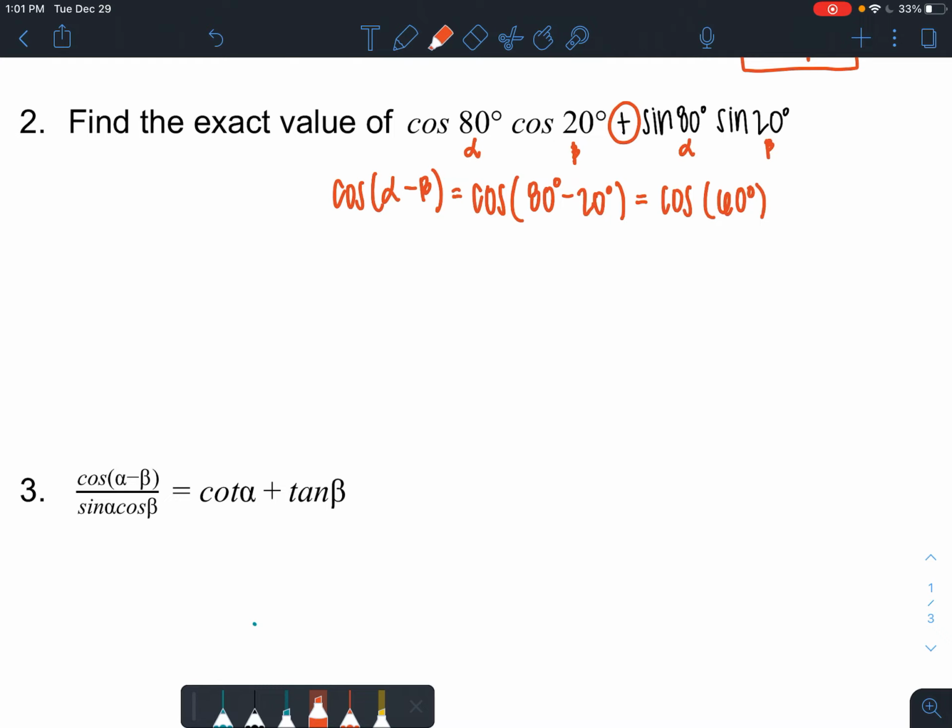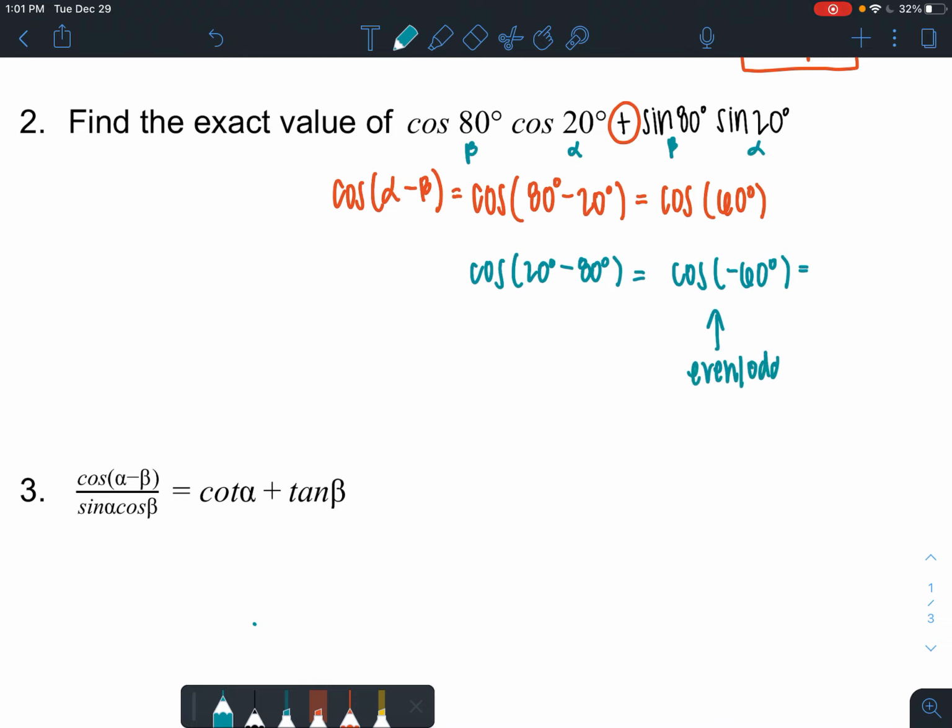Now, let's just take a second and say you mixed up and said, okay, well, this is beta and this is alpha. If you did that, you would get cosine of 20 minus 80, which is cosine of negative 60. But remember, using the even-odd identity, you get just cosine of 60 degrees.